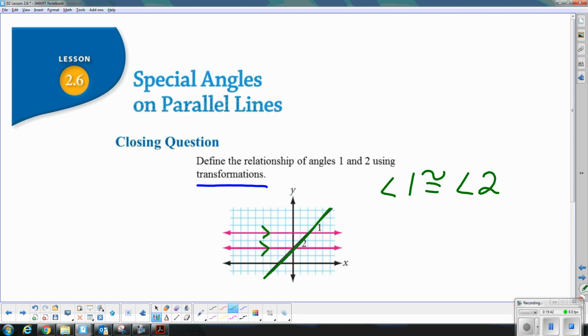So if these two angles are congruent, then the transformation would be a translation. And angle 1 can be translated down 2 units and over 2 units. So we can describe the translation from angle 1 to angle 2 using the vector -2, -2.